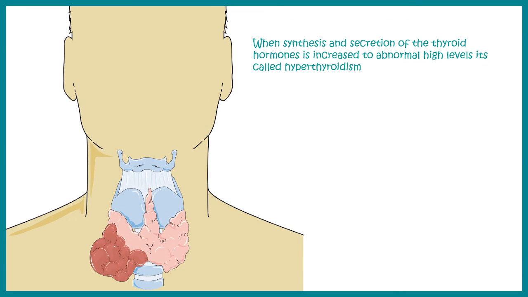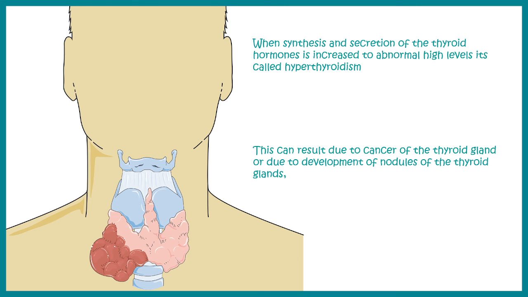Now, when synthesis or secretion of thyroid hormones is increased several fold to an abnormally high level, this is known as hyperthyroidism. The word hyper means kind of overproduction. And this overproduction can happen due to many reasons. One of the common reasons is cancer.